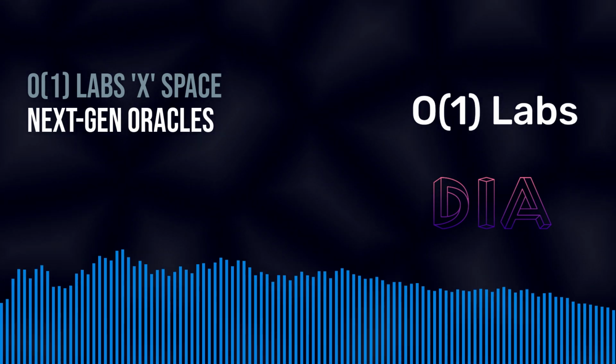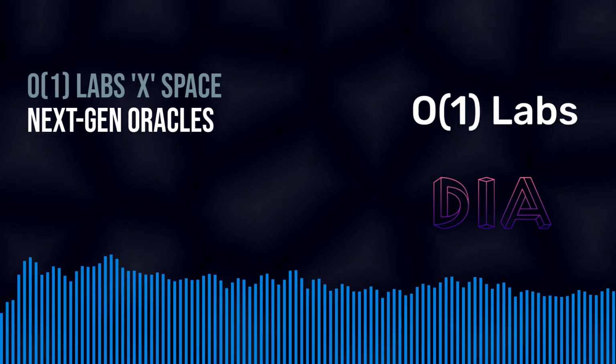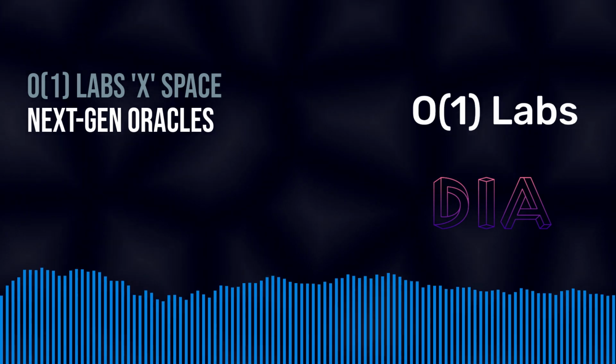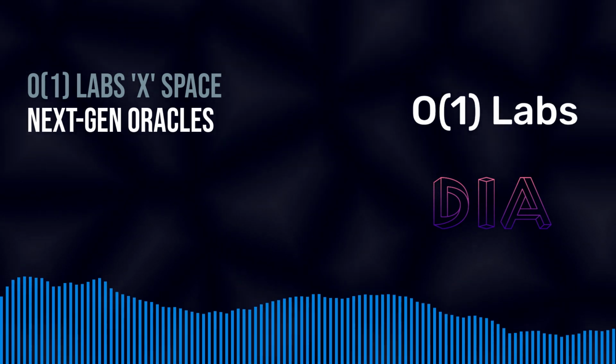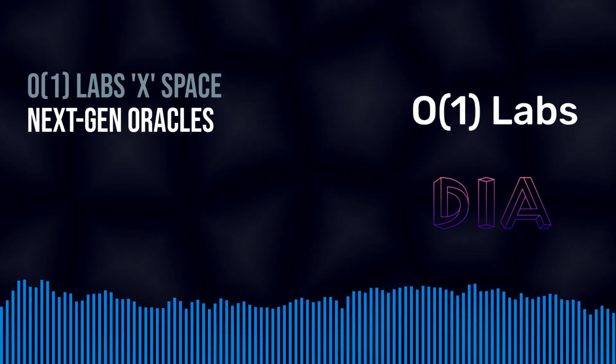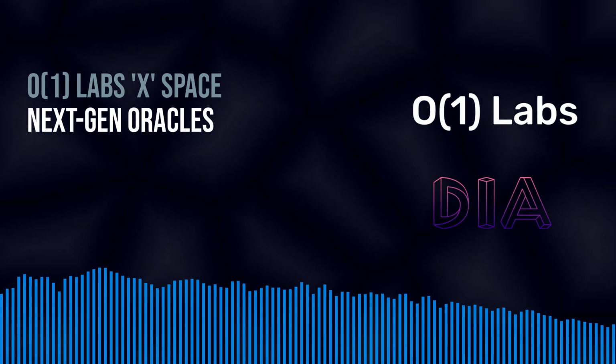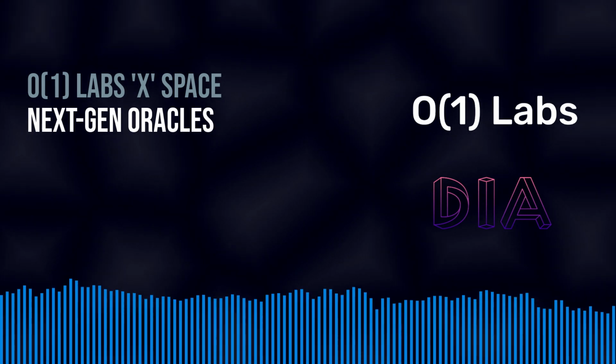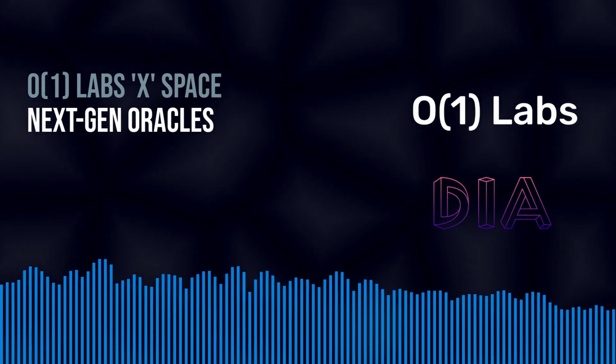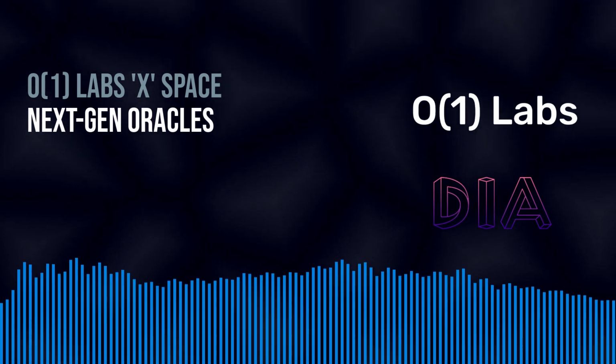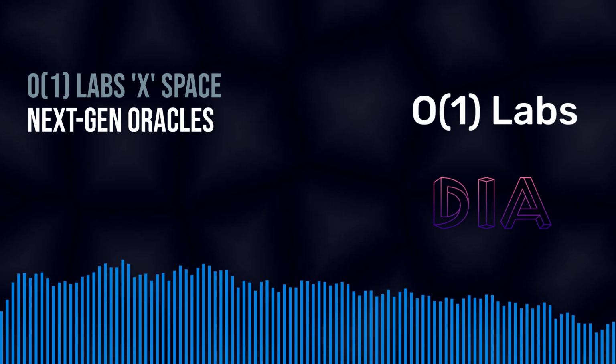So this is how we are related to O1 Labs, and how we are using their technology. Currently it's in a demonstrator phase, and we're looking at how we can extend this. We did some very cool experiments already with it, and I'm really excited about telling you a bit more about this.